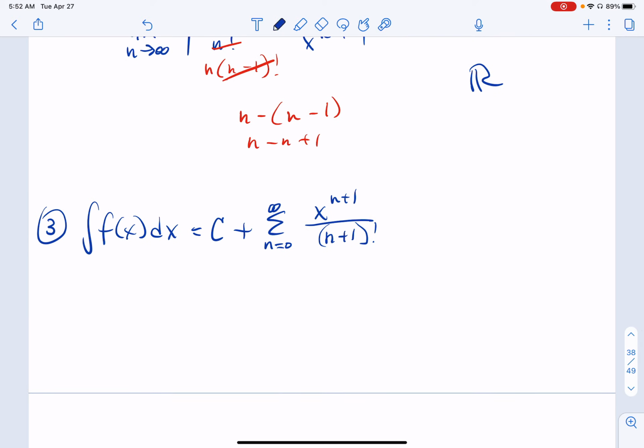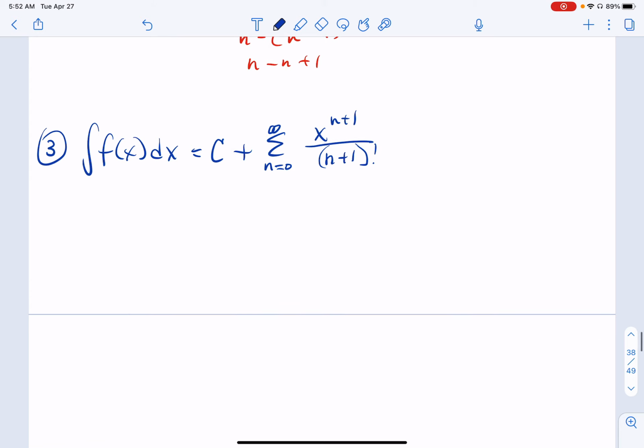All right. So interval of convergence, we'll take the limit as n goes to infinity. Just one more time. Only one more time. Just bear with me. We have x to the n plus 1 plus 1, n plus 2 power over n plus 1 plus 1, which makes it n plus 2 factorial, and then multiply by the reciprocal there.